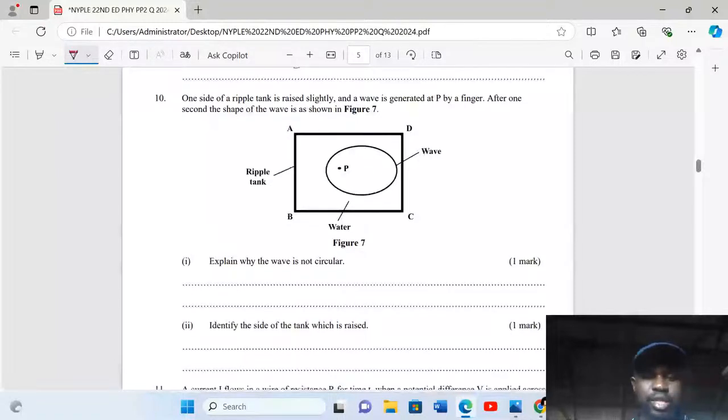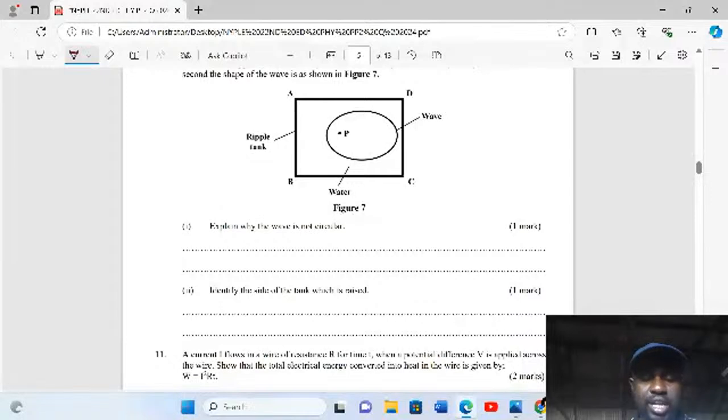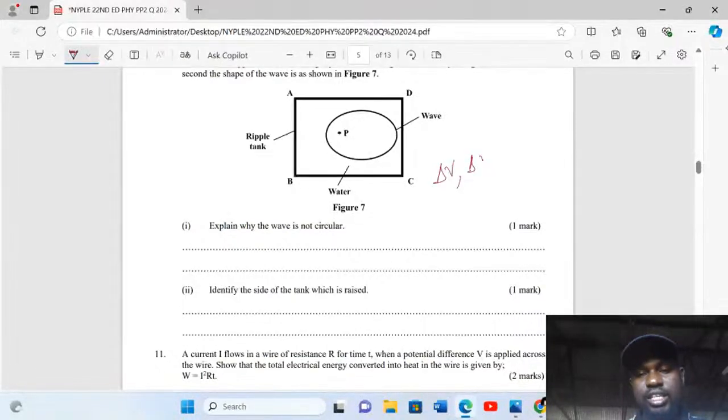Then you are told to explain why the wave is not circular. What you should respond is that we can talk of the change in velocity and change in wavelength, since frequency remains constant.